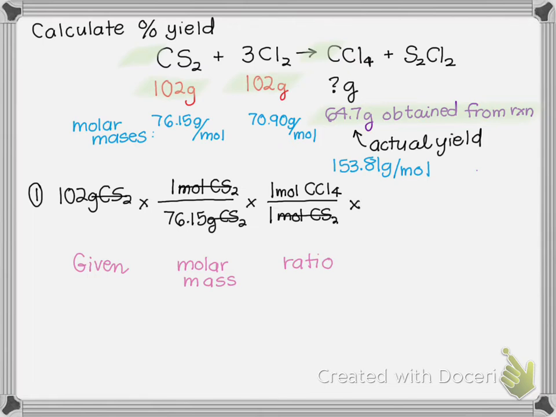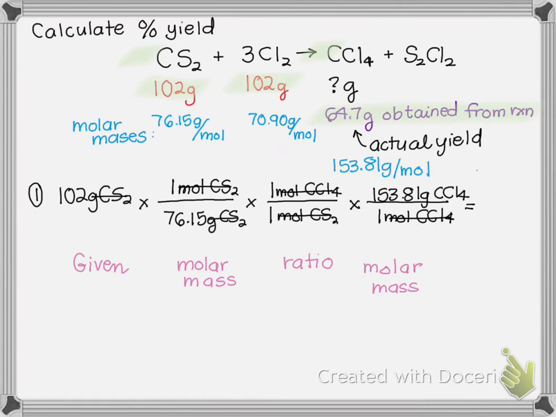And then finally, what I'm going to do is multiply by the molar mass of CCl4 to change it into grams. And I want to change it into grams because if you look at the actual yield they gave me, it was in grams. And so if I have grams in the actual yield, in order for the units to cancel, I'll have to have grams in the theoretical yield. All right, so let me do this.